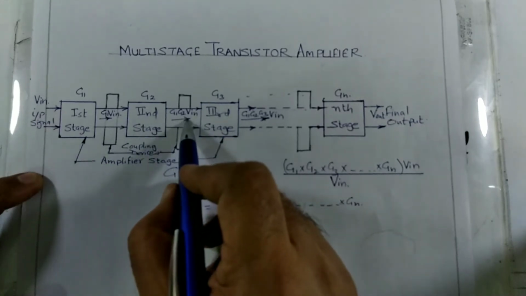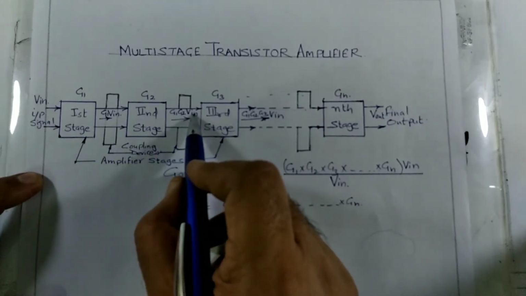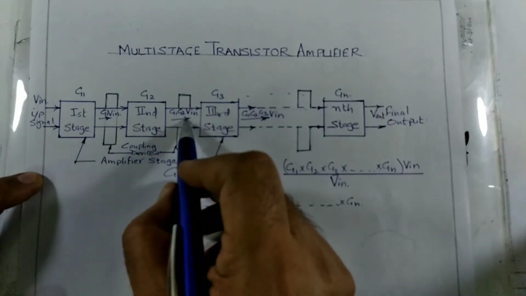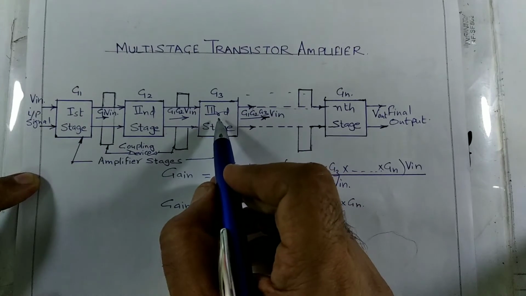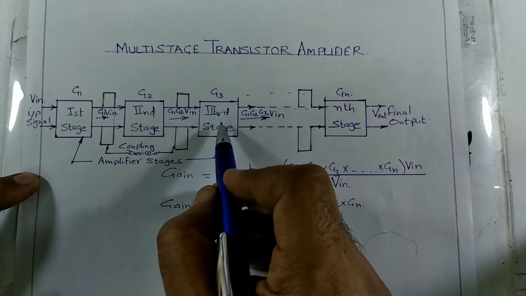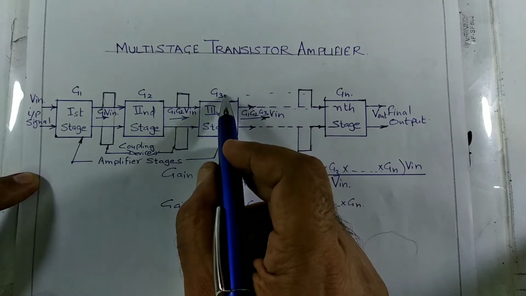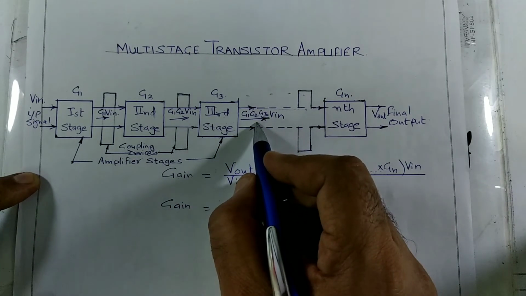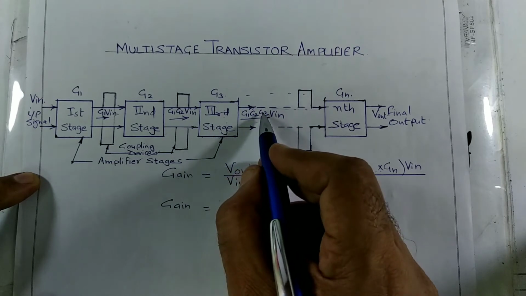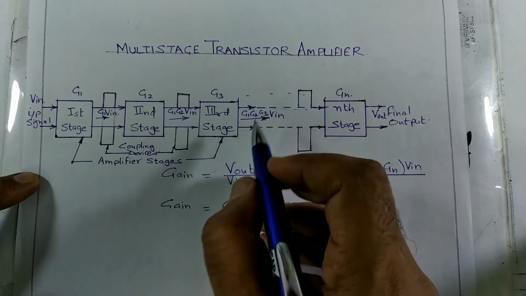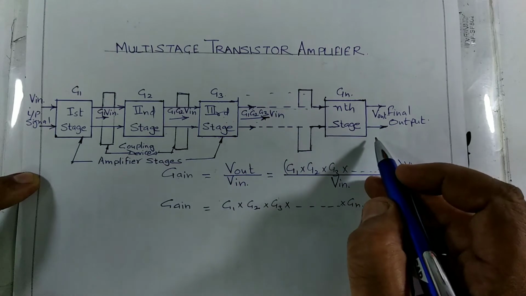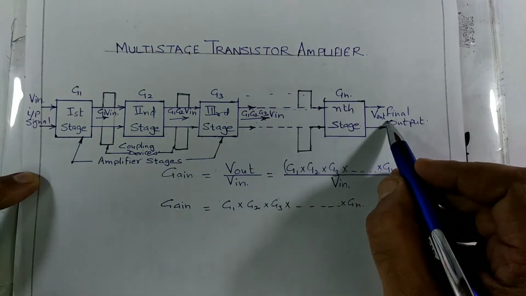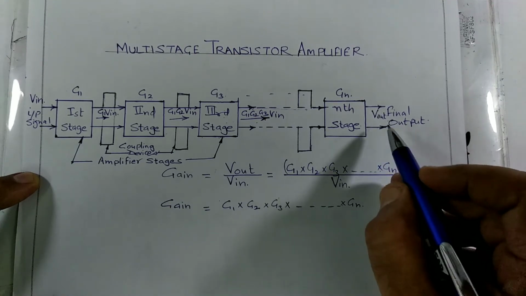Now what will be the output? G1 G2 Vin, that is the output of the second stage. This output is given as the input to the third stage, which has a gain of G3. Therefore, the output of the third stage is G1 G2 G3 into Vin. Similarly, and so on up to the nth stage, where the final output is Vout.